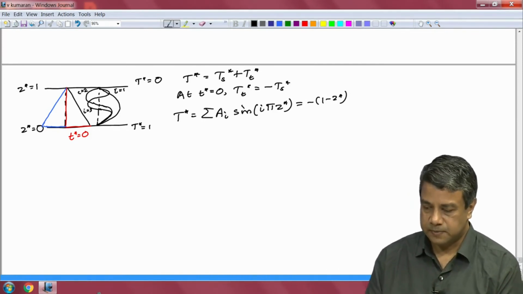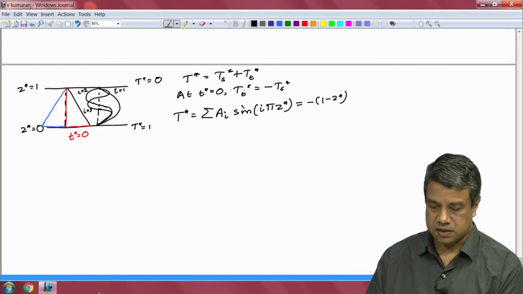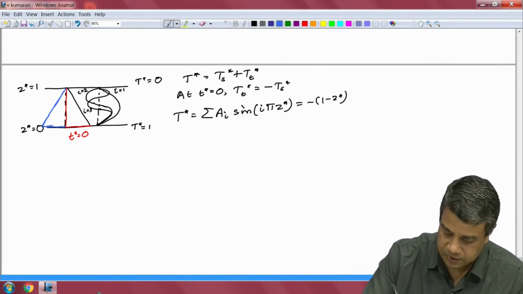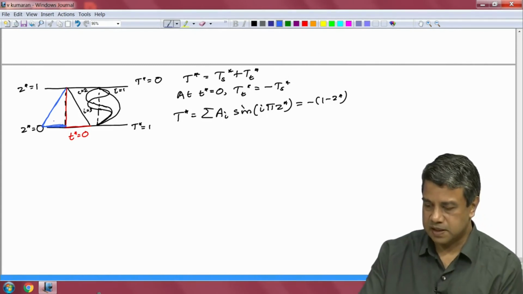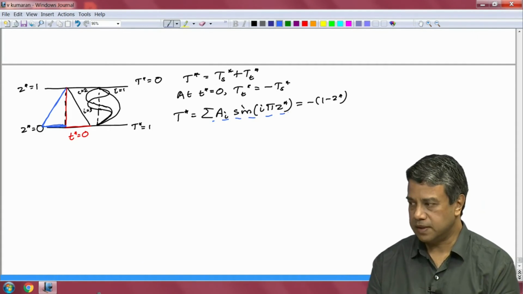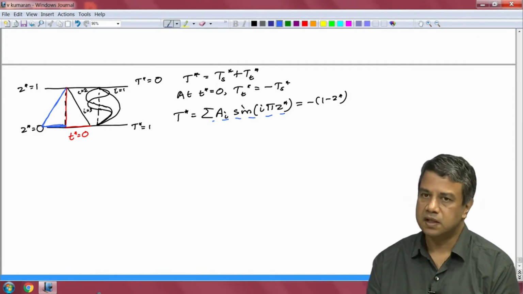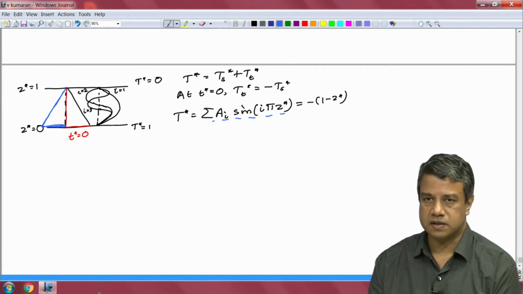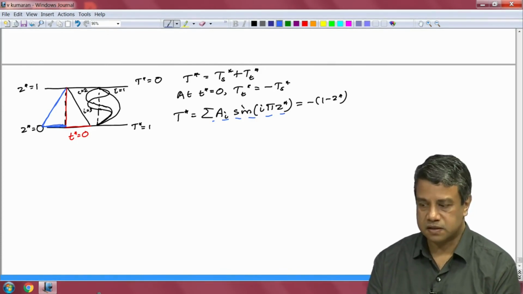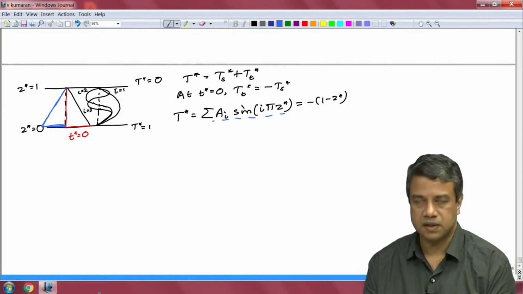So, basically this initial condition, this blue initial condition here, this initial shape of the profile, I am expressing it as the sum of these sine functions, and I am evaluating the coefficients of the sine functions using the orthogonality relation.